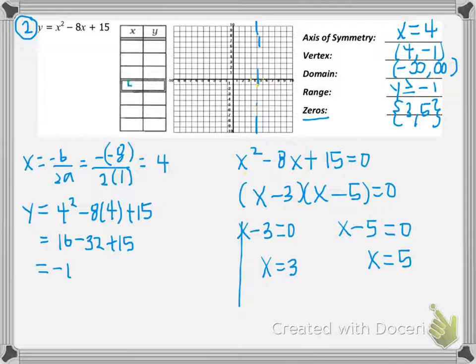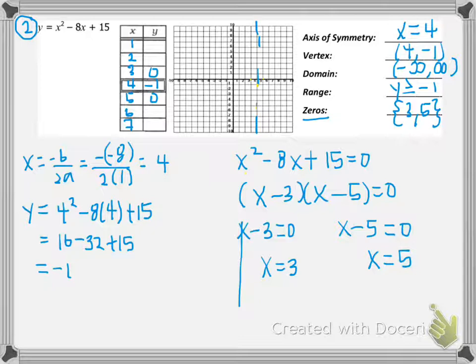Okay, so I'm going to plug some numbers in there. My vertex is going to be down here at 4, negative 1. So I'm going to take numbers to the left of that, and I'm going to take numbers to the right of that. Okay, so I'm going to go backwards, 3, 2, 1, 5, 6, 7. So if I plug in a 3, it's going to be a 0. 5, it's going to be a 0.